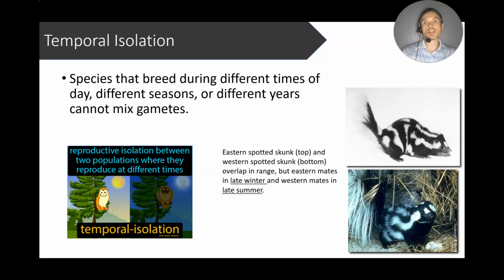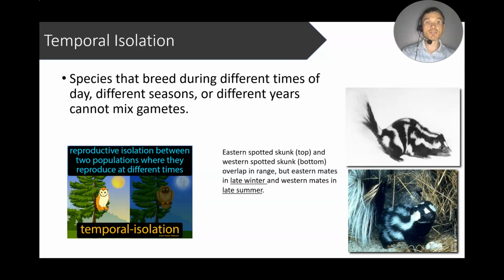The next example here is called temporal isolation. This occurs when species that breed during different times of the day, night versus day, different seasons, or different years cannot mix their gametes. So the example I have here are the 2 different skunks. On the top is the eastern spotted skunk, and on the bottom is the western spotted skunk.